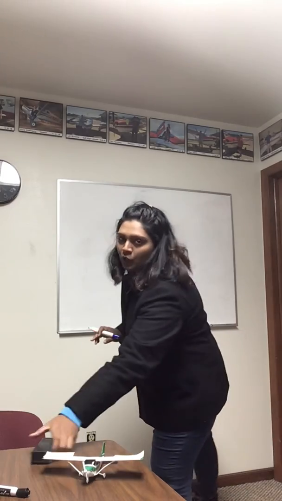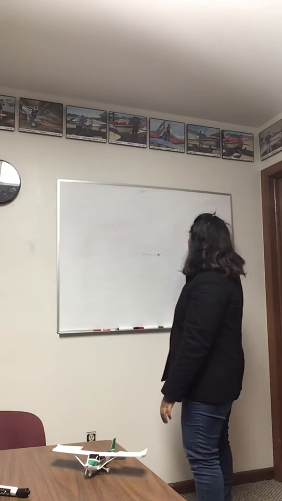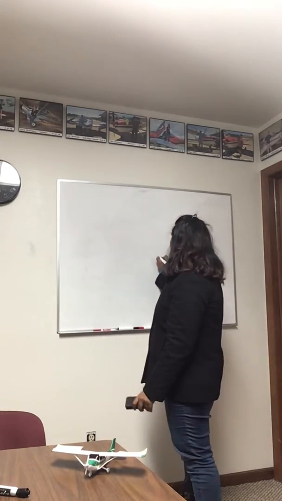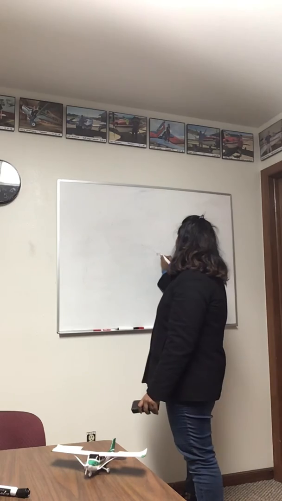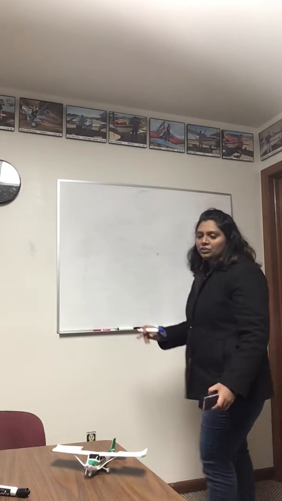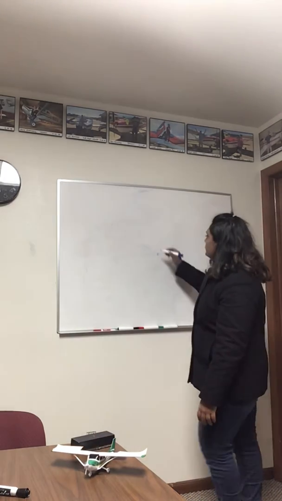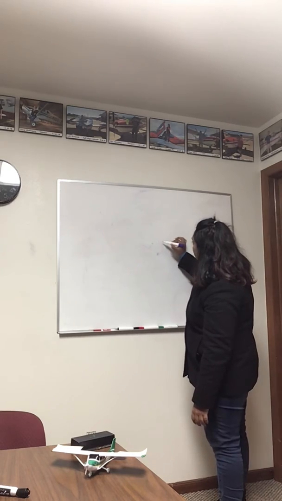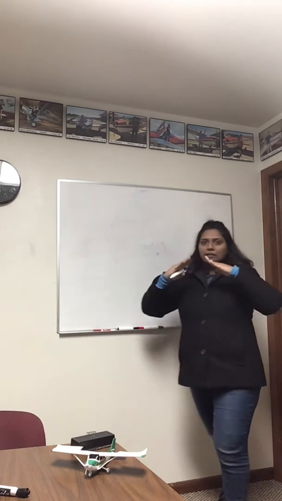But if you look at our Cessna, the wings are actually fixed at an angle, so the lift is going in this way and this way, at an angle on each side.